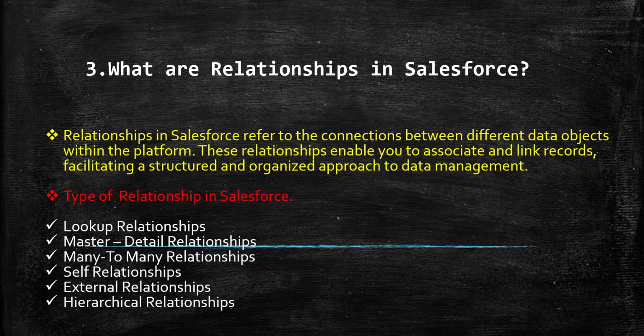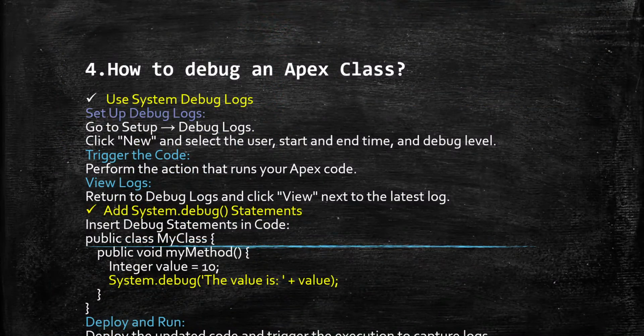The types of relationships in Salesforce are lookup relationship, master-detail relationship, many-to-many relationship, self relationship, external relationship, and hierarchical relationship.